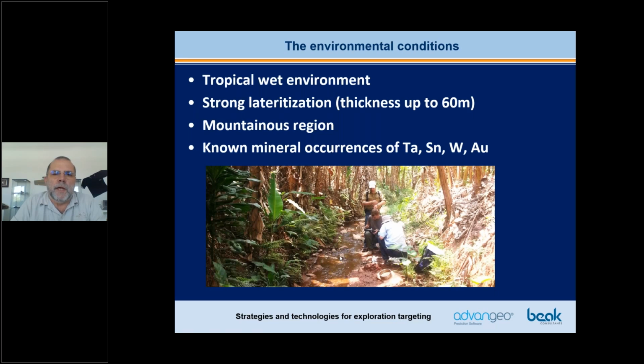Stream sediments are a good idea in these mountainous areas, so outcropping mineral occurrences are exposed. We can use stream sediments to locate the anomalies, to locate the outcrops, but then under cover we need to trace them by different technologies.